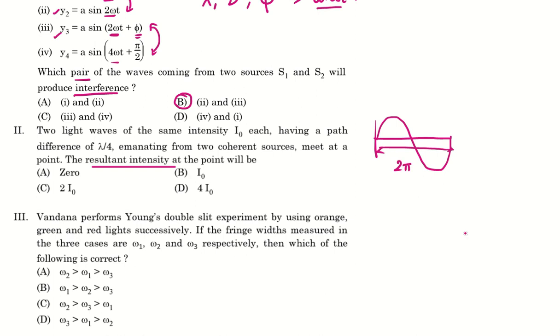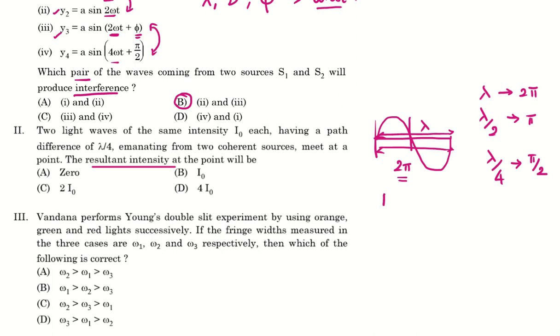Similarly, if the path difference is lambda by 2, it will be pi. If it is lambda by 4, it will be pi by 2.